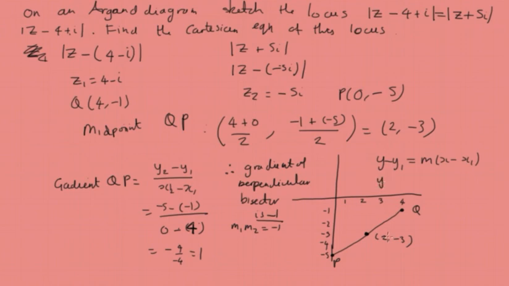We'll use the midpoint here, so y + 3 = −(x − 2). Working all that out, we'll get y = −x − 1. And that is the equation of our perpendicular bisector here, which is the locus that satisfies this set of rules. So I hope that helps.